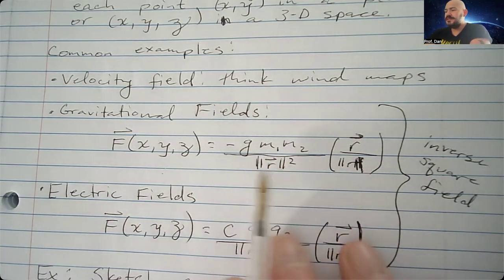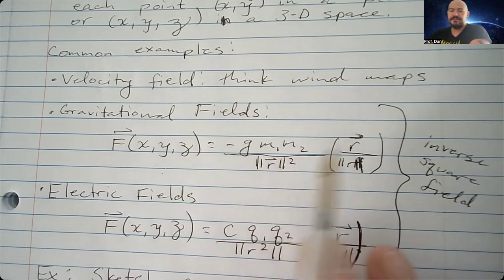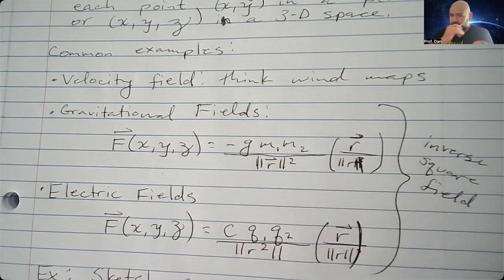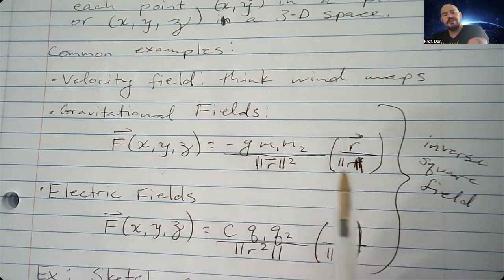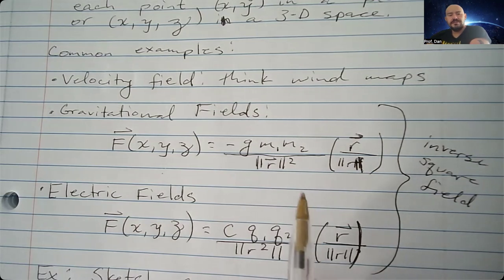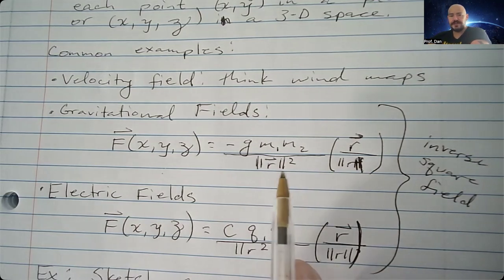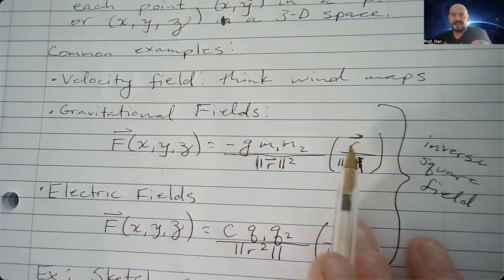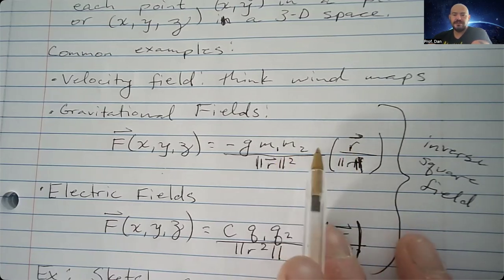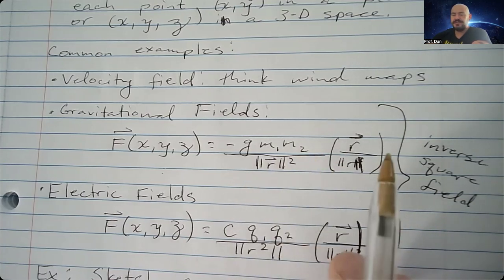Whatever this is, we multiply by each component in the vector r, which here is made into a unit vector. So basically, for any value of x, y, and z in the vector r, we have a vector assigned to each point.